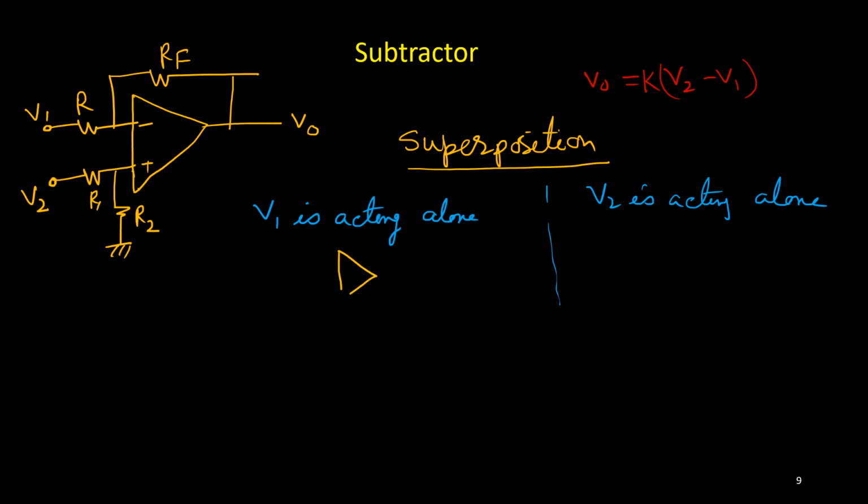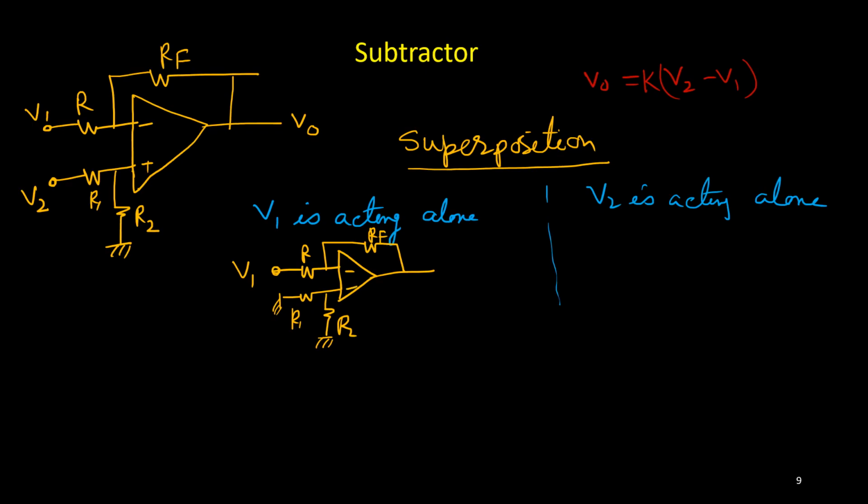You just see the circuit. Now V2 is grounded, V2 is not there. This is already there. So this is R1, R2, and only V1 is there. One source is present at a time. So this is R, it is RF.